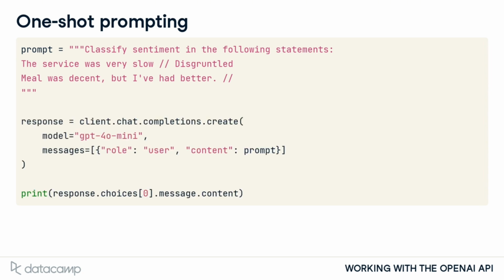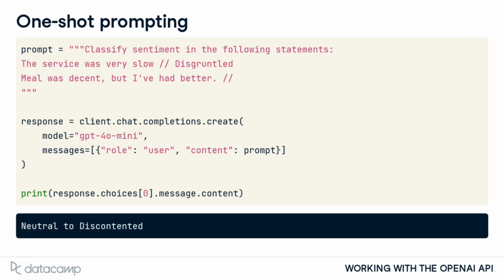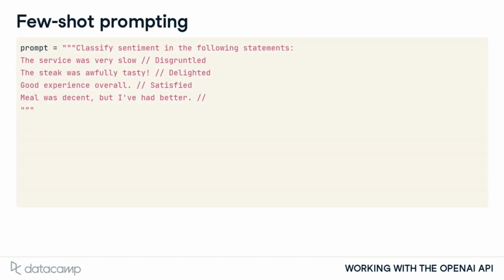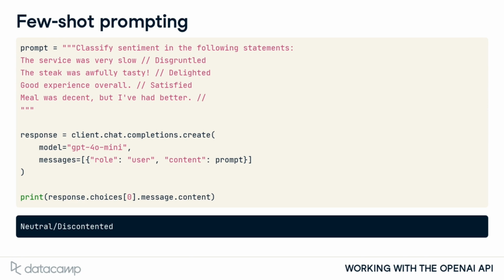Sending this to the chat completions endpoint and printing the result shows that the model was able to grasp that we wanted more specific category labels. In more complex cases, one example is not enough, and we'll need to experiment to determine the number of shots the model needs. Let's extend the prompt to provide 3 examples. Running the same code again, we see that adding the extra examples didn't noticeably improve the output quality this time.